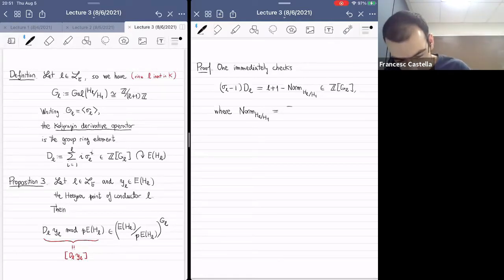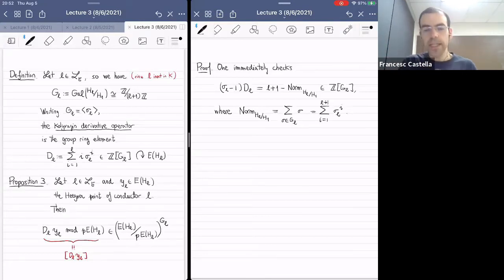So what you do is you take all the conjugates, so as a group ring element you're applying this operator, or equivalently in terms of the generator, that's the same as this sum. This identity is immediate to check. One can easily do it as an exercise.